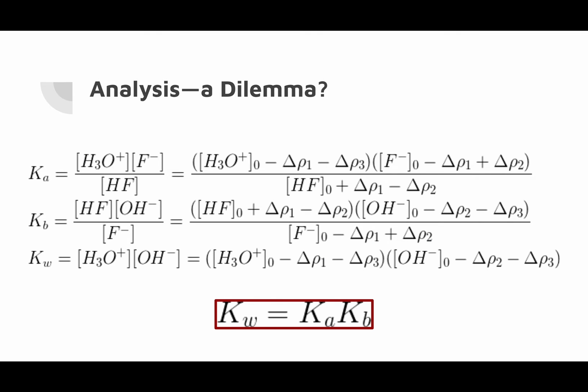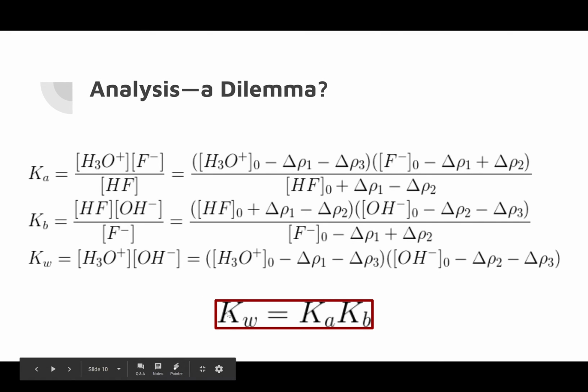Now, before you very eagerly plug in all those values, which I actually do right here, you may notice one thing. You may recall from the equilibrium study of acids and bases that the water dissociation equilibrium constant is equal to the product of Ka, the acid dissociation constant, and Kb, the equilibrium constant for base dissociation.